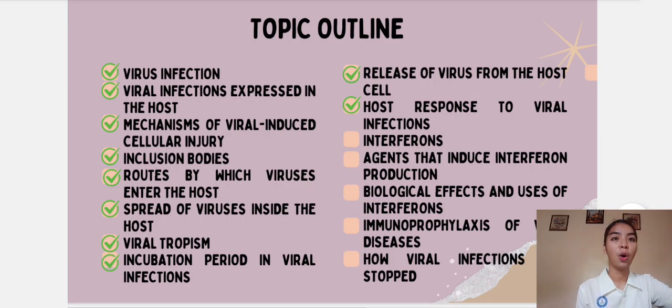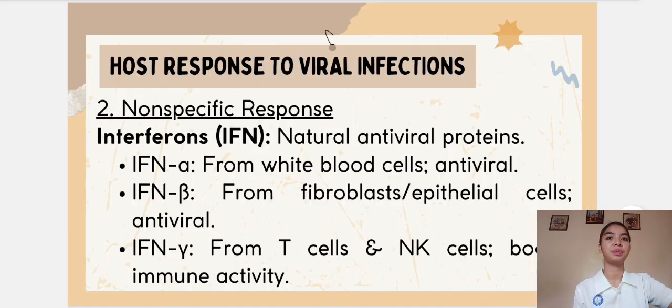So we will talk more about interferons later on. So we are done on the host response to viral infections. Now we are ready for the interferons. So as we all know, the interferons are a non-specific response and also a specific response of our immune response. So there are different kinds of interferons, and again, interferons are antiviral proteins.